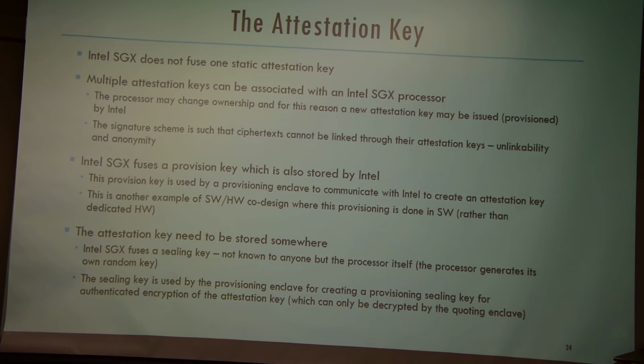You now can trust the signature to be produced by the quoting enclave, because the identity of the quoting enclave is of course embedded and so forth. And you know that that attestation key could only have been accessible by the quoting enclave through the use of the sealing key that the quoting enclave is allowed to use, because the sealing key is actually used to create another authenticated encryption key that mixes the sealing key with the quoting enclave's identity.